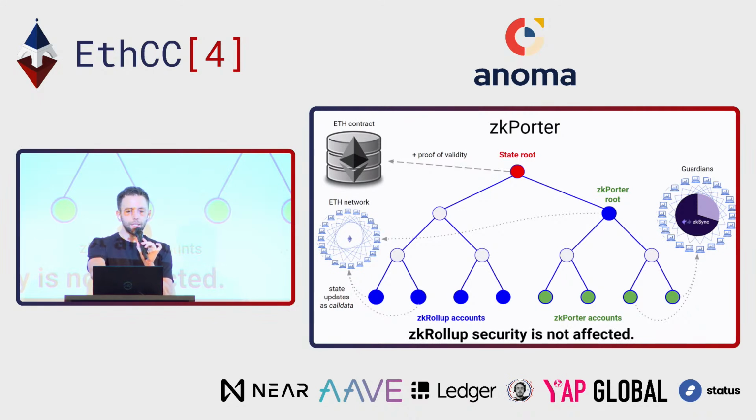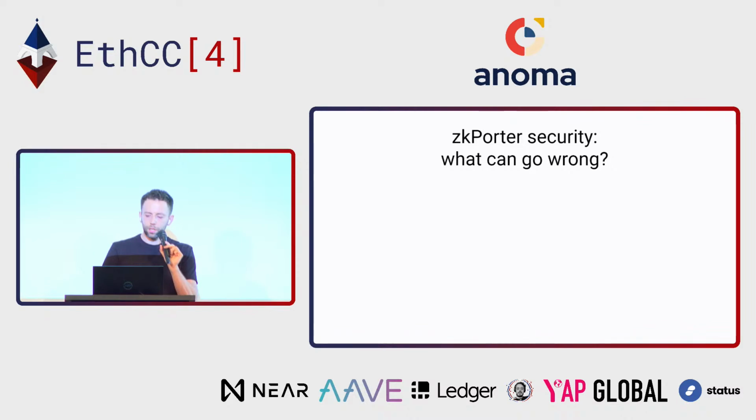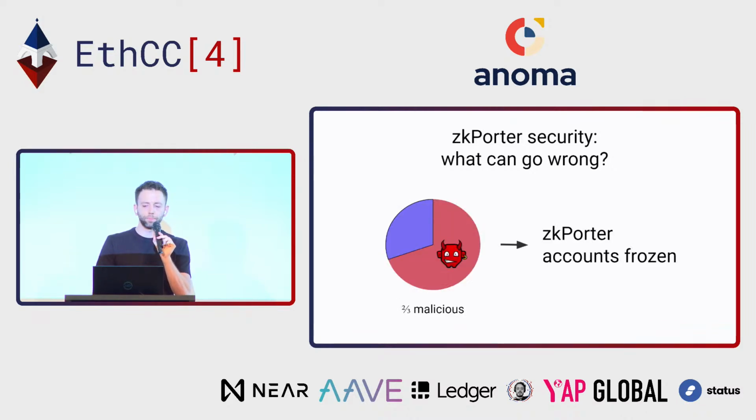The data availability of zkPorter accounts is going to be secured by a consensus of what we call zkSync guardians. These are token holders that are responsible for securing the data. All the transactions are cryptographically secured, so nothing can go wrong. They cannot steal, they cannot forge or corrupt the state, but if they collude with 2/3 or a super majority of the stake, they could freeze the state.